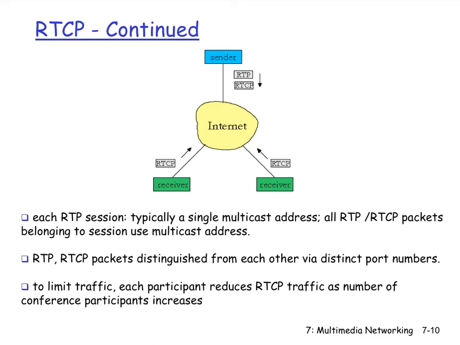So periodically, and we will find out how often this report gets sent, each receiver will independently send a receiver report, okay, using an RTCP payload or RTCP control message. Okay, so RTCP defines a set of messages. These messages are control messages. They do not contain any data. They do not contain any audio or video. Okay.